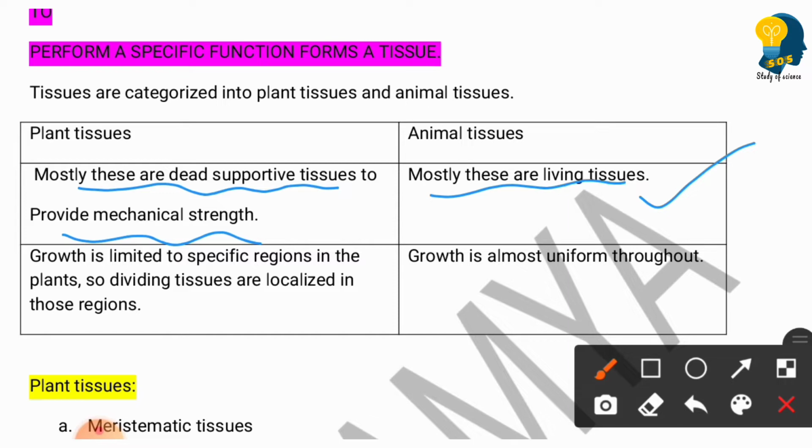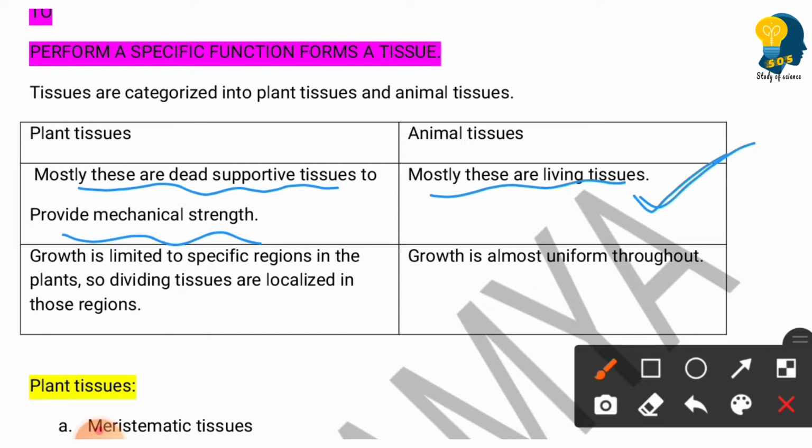The functions, as I told you, are digestion, respiration, excretion and so on. The cells present in the body of the animal actively participate in all the functions. So most of the tissues present in animals are living tissues.